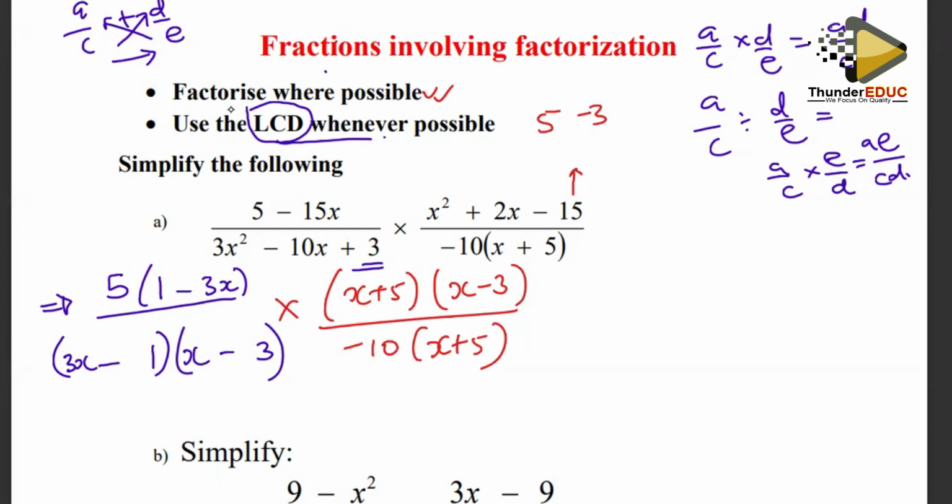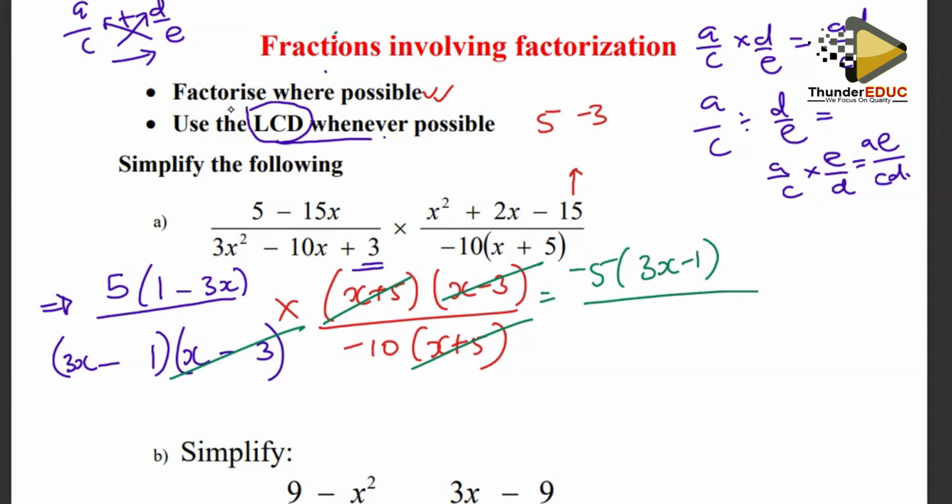But before I go there, let me cancel out what I see: x plus 5 is common, x minus 3 is also common. Now I can see that 1 minus 3x is more or less the same as 3x minus 1. If I take out the negative sign here, then the two fractions are going to be the same. So I'm going to have negative 5 into 3x minus 1.